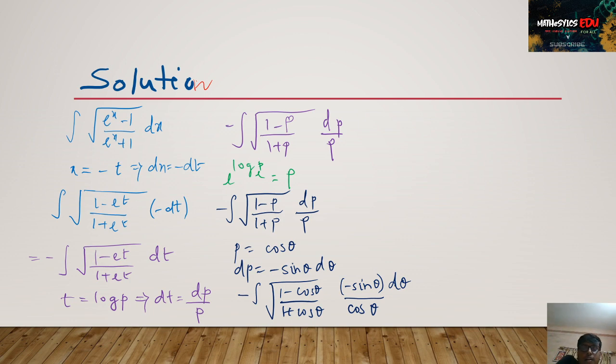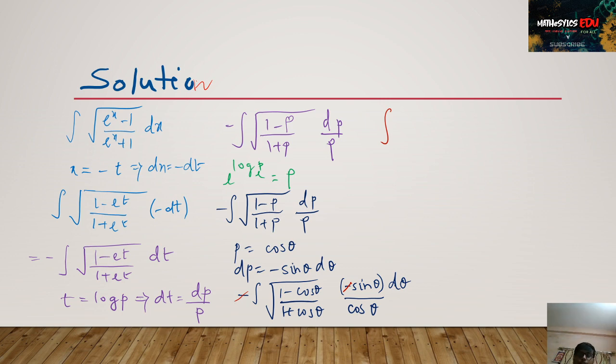So this is our little integral. See how it is simplifying. Till now I am trying to simplify as much as possible. Let's do another. See, this minus sign and this minus sign get cancelled, so we are left with a very simple integral, something like this. 1 minus cos theta divided by 1 plus cos theta will give us 2 sin square theta by 2 divided by 2 cos square theta by 2.